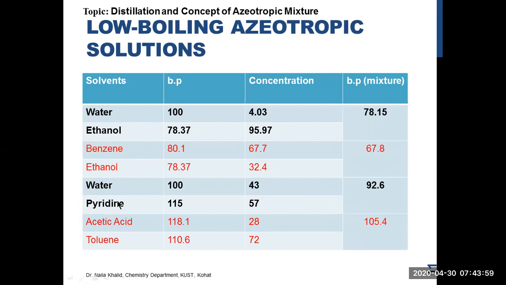Water and pyridine, and acetic acid and toluene, all have boiling points which are lower than their components. For example, water boils at 100 degrees centigrade, ethanol separately at 78.37. If we have 95% ethanol, the whole mixture will boil at 78.15, and so on.